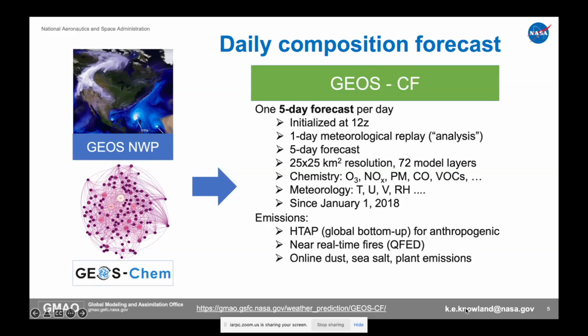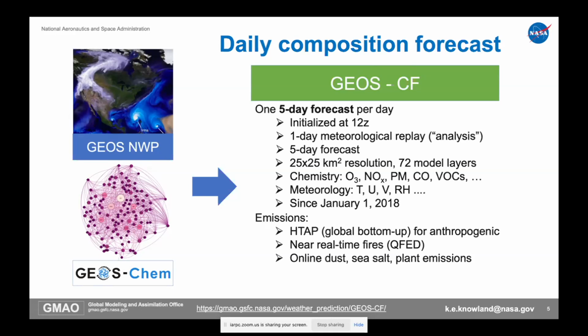And we run this model at a high spatial resolution for a global composition model, at 1/4 degree, or about 25 by 25 kilometers. And we use the full GEOS atmosphere from the surface all the way up through the mesosphere. And this way we have now both the chemistry and the meteorology on the same spatial and temporal resolutions.